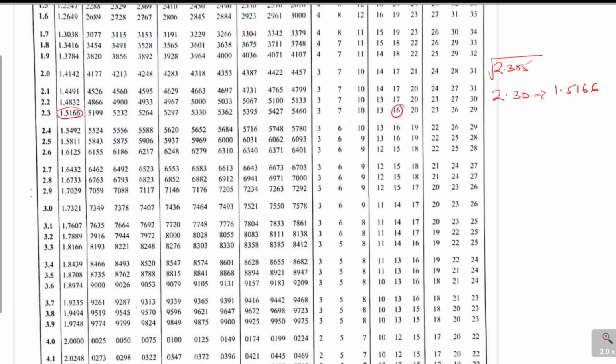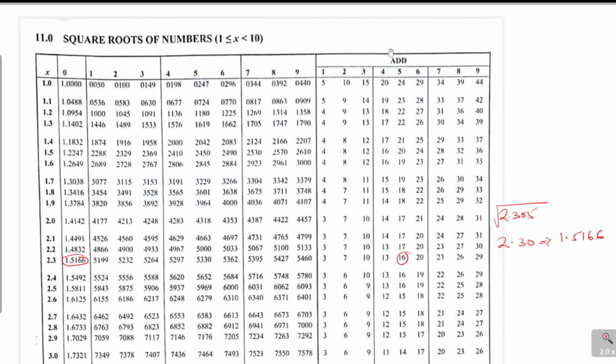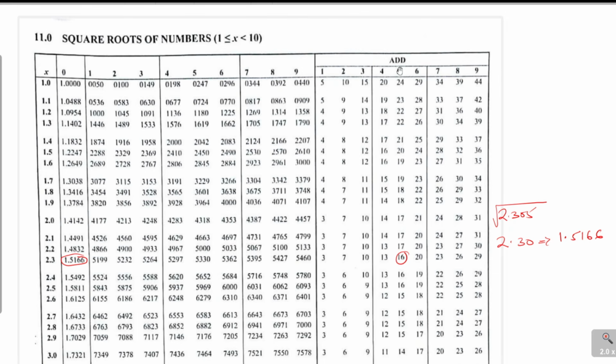The number you are supposed to add is not 5 but 16. So when you add 16, this will give 1.5182.